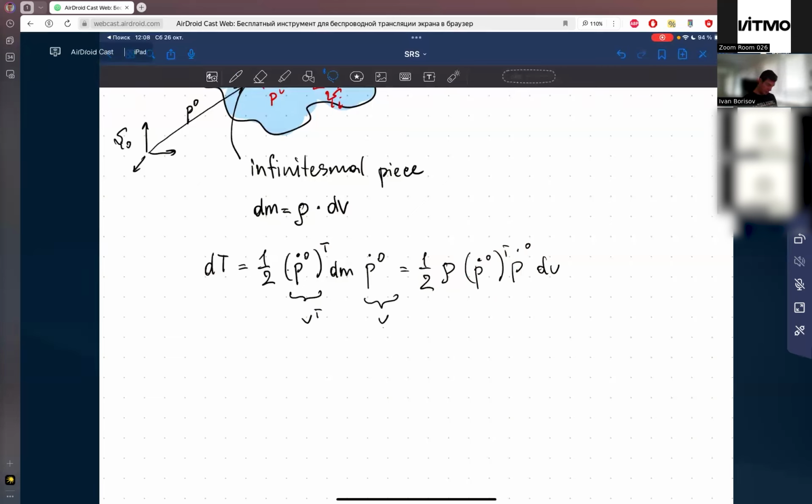So basically, this is v squared, this is the rho, and this is the volume of the infinitesimal small piece of the volume of the rigid body that we consider.